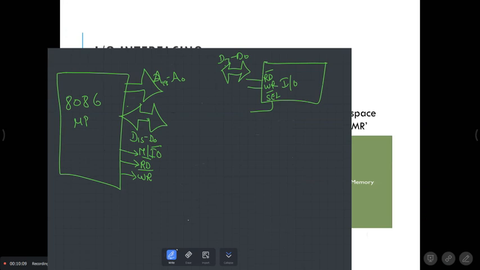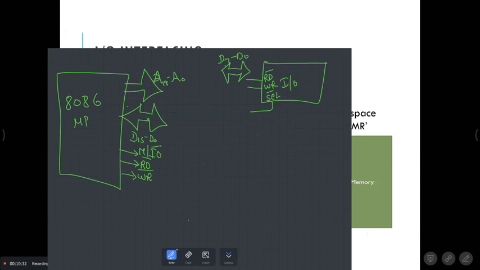Like you have an address decoder for memory, for IO also you have an address decoder. It will make use of your address lines, the entire address, and it will locate that IO device, like it used to locate your memory. All of you know about it.